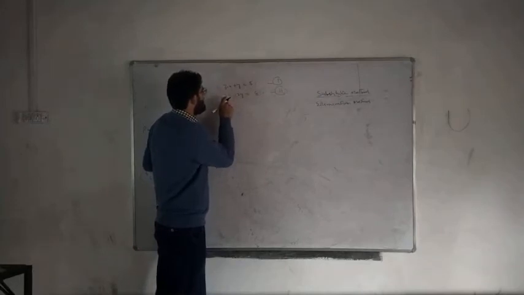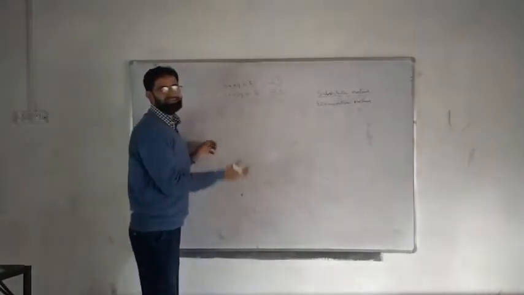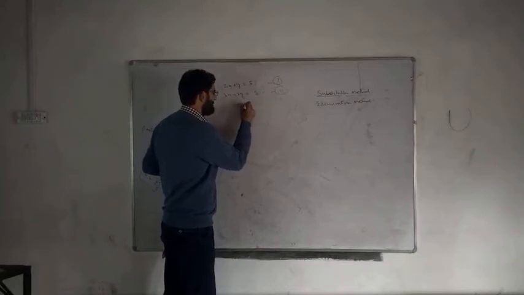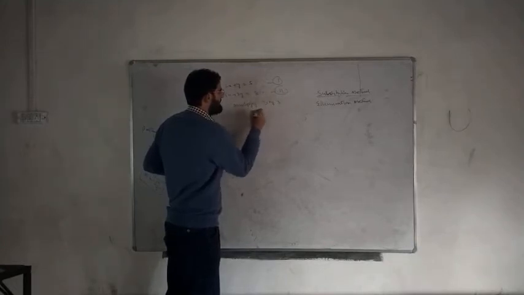This 3 is multiplied to equation first, and this 2 is multiplied to equation second. That is how we do this elimination method. It's very simple. Multiplying equation first by 3 and second by 2.